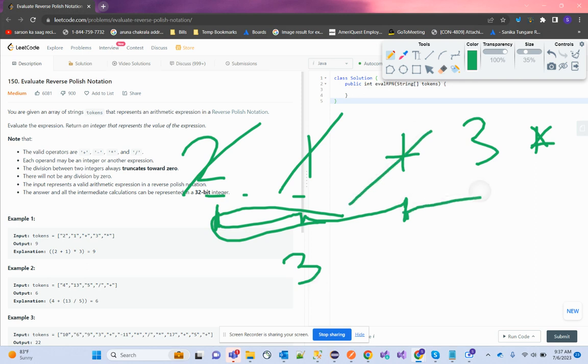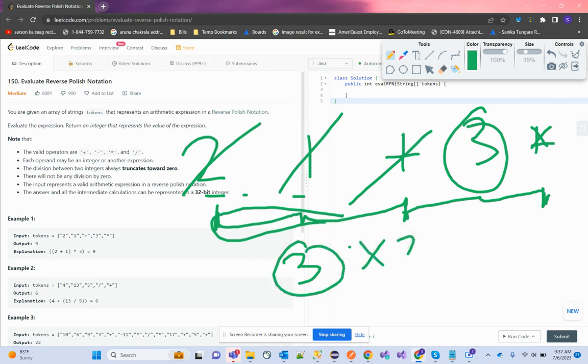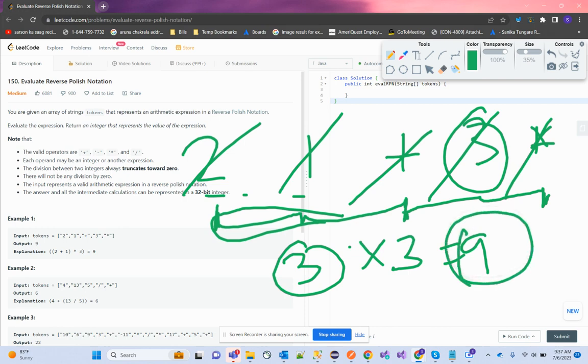Go ahead, this is a number. Go ahead, this is a multiplication. I multiply this 3 and this 3, that is 3 into 3, which is 9, and remove the integers. I return the valid 32-bit integer, and the answer is 9. This is what they want us to do.